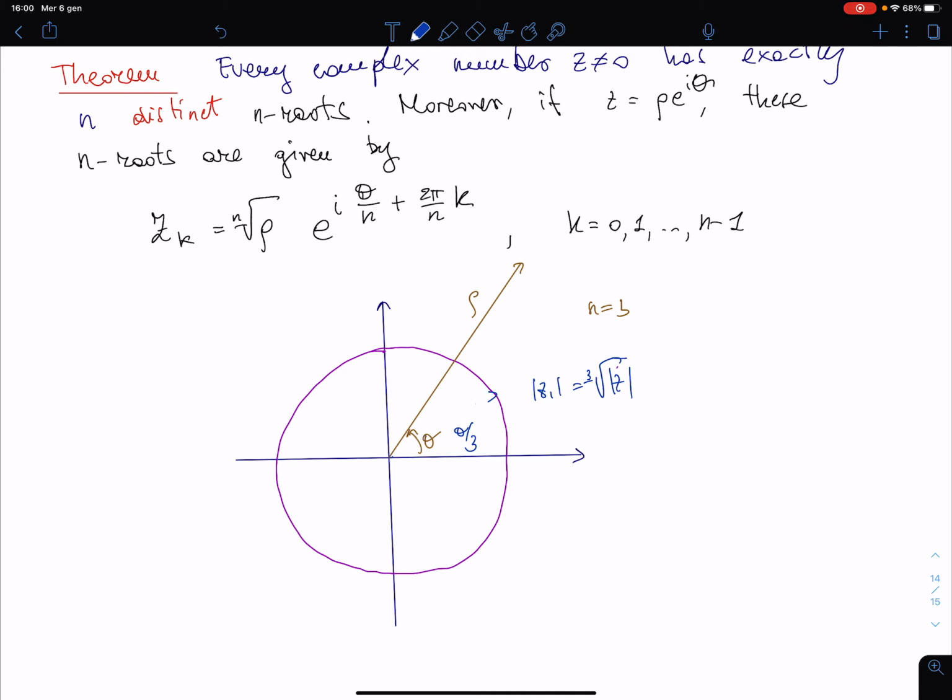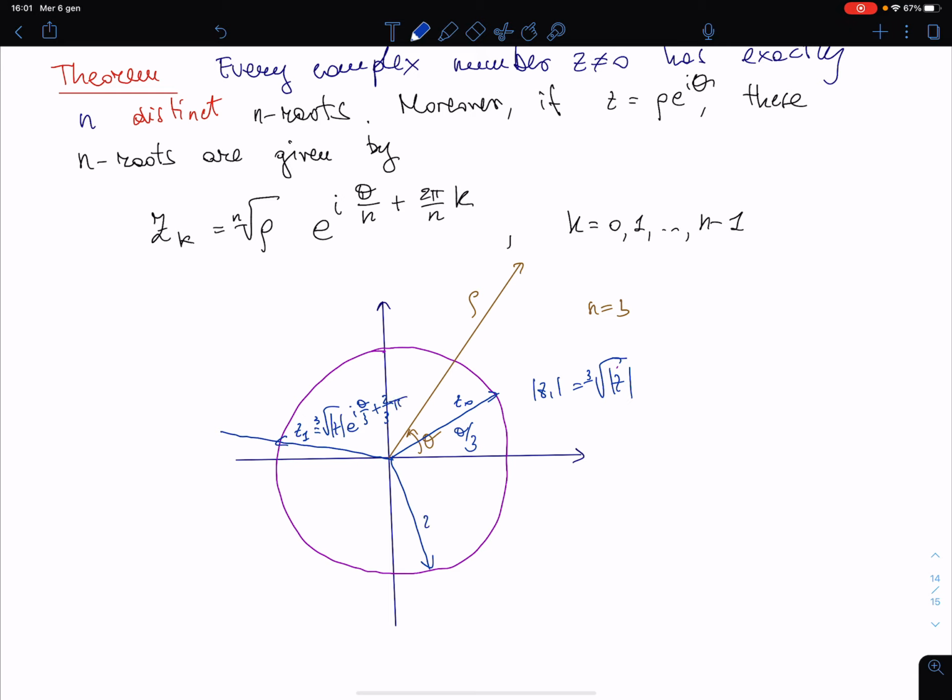This is zeta 0, according to our notation. And then you basically divide the circle into 3 equivalent sectors of amplitude 2 pi over 3, and this is zeta 1, which is the modulus of zeta, and then you take the cubic root, and then e to the i theta over 3 plus 2/3 pi.